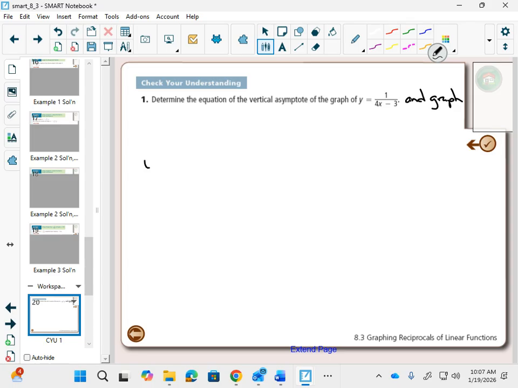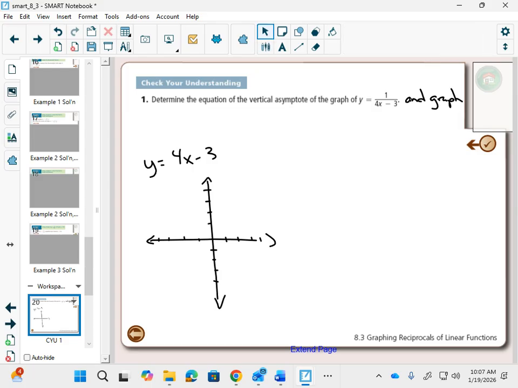Well, if I first graphed 4x minus 3, if I was graphing a line, I would start with my y-intercept and label it 0, minus 3. I would use my slope and count up 4 over 1 and label 1, comma 1.